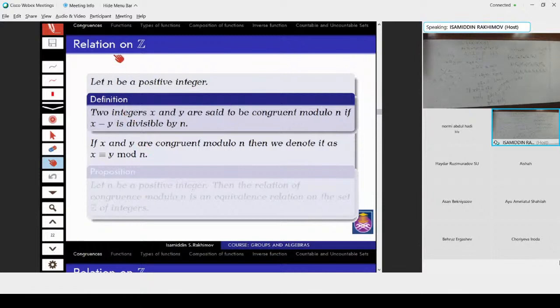Okay, now relations on Z, one relation on Z. That means congruence relation. Congruence relation is given as follows.